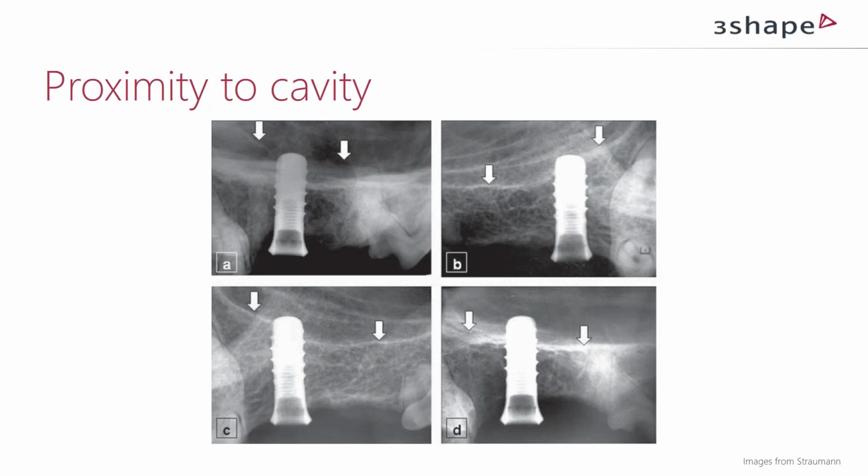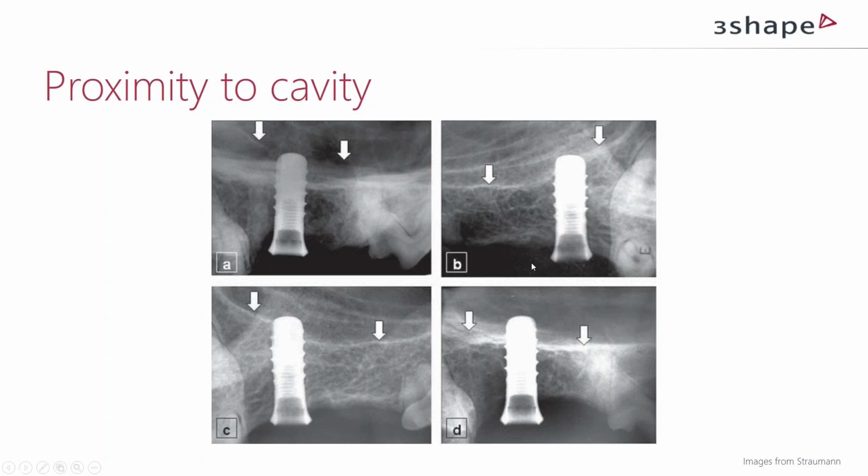So we have many ways to do this. But if we don't see this, if we don't have the CBCT with the planning tool and the exact positioning in depth of the implant thanks to our guide, then we can actually end up inside the sinus or the nose cavity. So down here we see it even more, how the implant actually is rising up quite a bit inside the sinus.